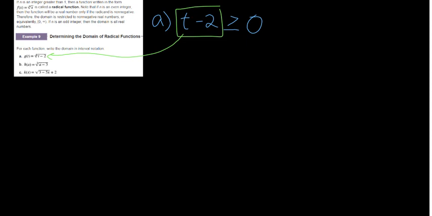By setting it greater than or equal to 0, I will find out what numbers I can use. So I would solve here, and I would get t is greater than or equal to positive 2. So what does that mean? Well, I can use any number imaginable that is greater than or equal to 2.